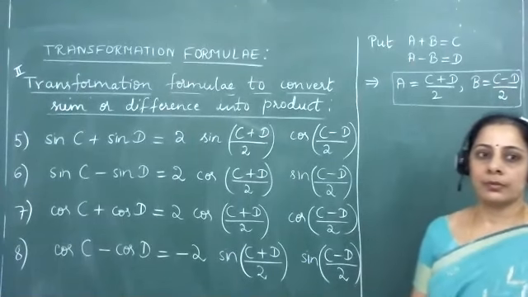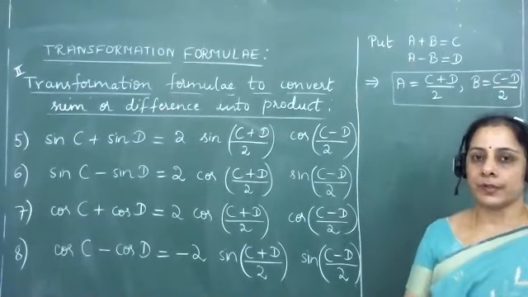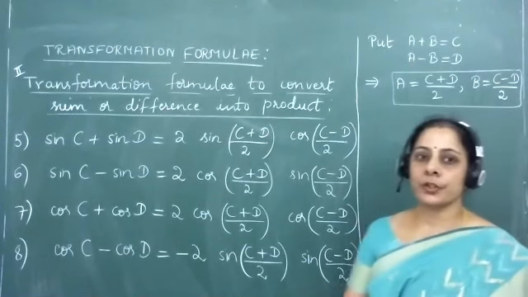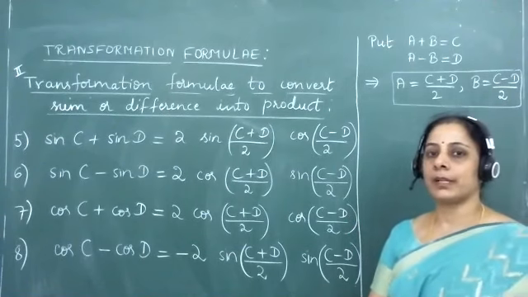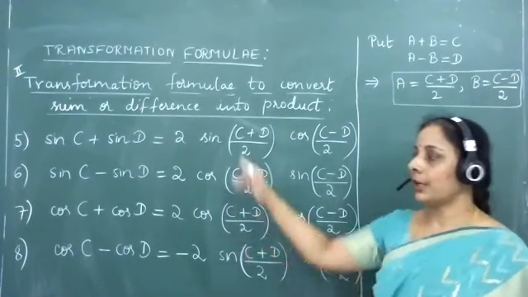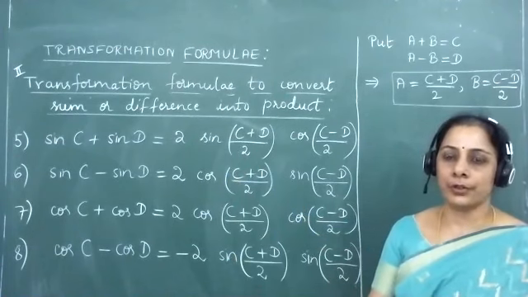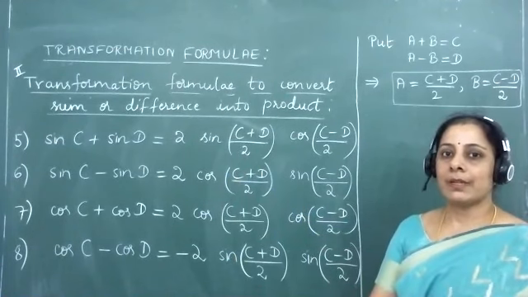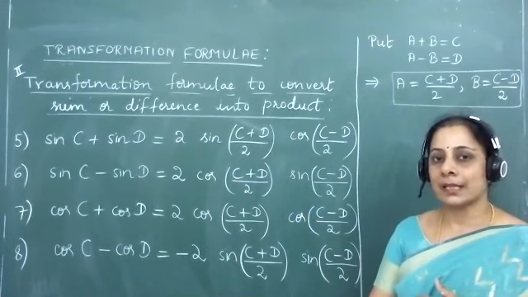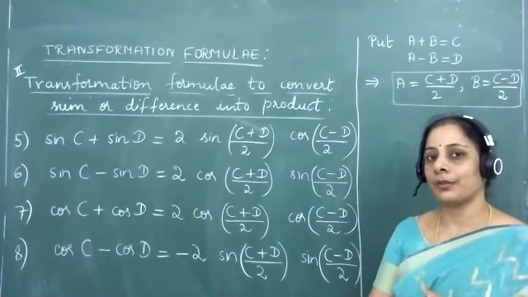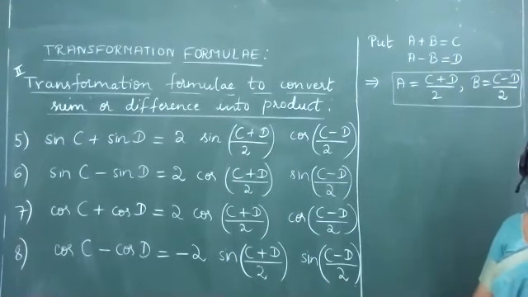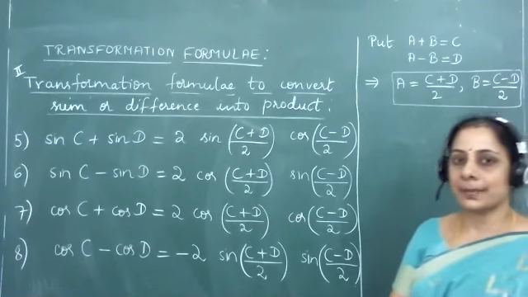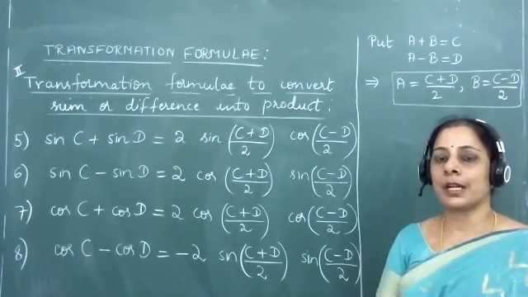We have now taken a different set of transformation formulae which are useful in converting sum or difference of two trigonometric functions into product. To arrive at this set of four formulae, we will be making small changes with substitutions in the previous set of four formulae. So here we consider A plus B equal to C and A minus B equal to D as two new substitutions for formulae 1, 2, 3 and 4.